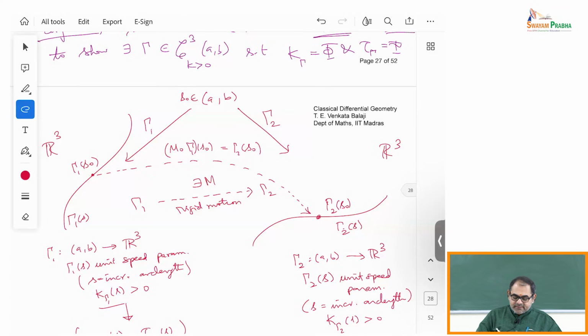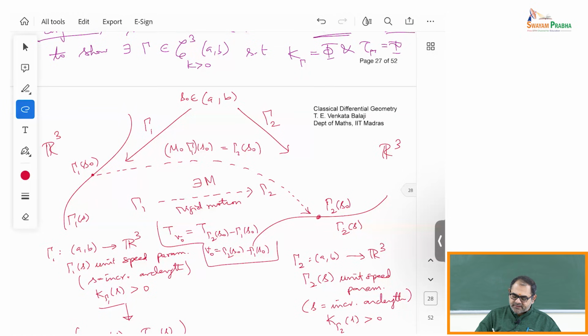So you can take T of V, where I call it V naught, where V naught is just gamma 2 of S naught minus gamma 1 of S naught.